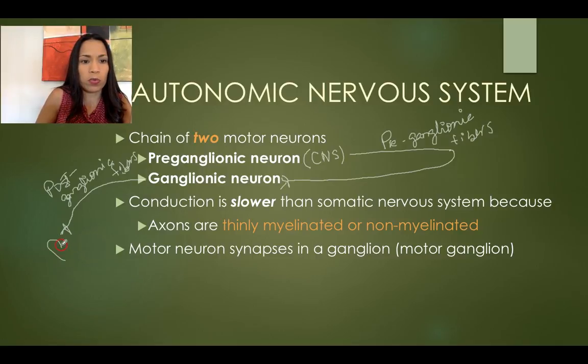What can be the target organ? It can be the heart, the smooth muscle tissue, or a gland. I don't have a drawing for the gland.